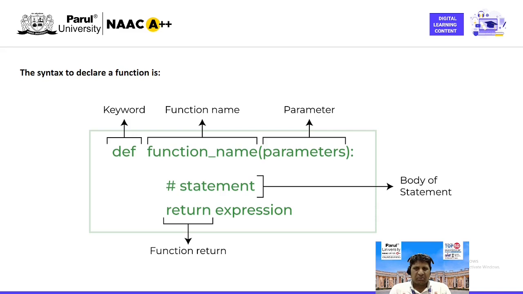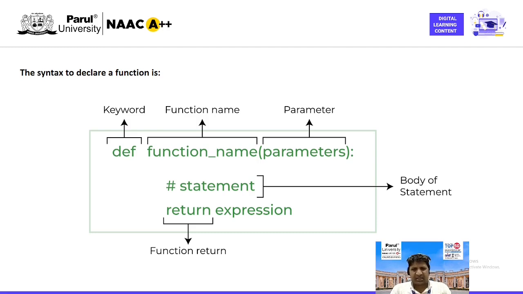Parameters means any value we pass from outside of the function body, so you can write the names of the parameters here. The next, the statements, is also known as the body of the function.